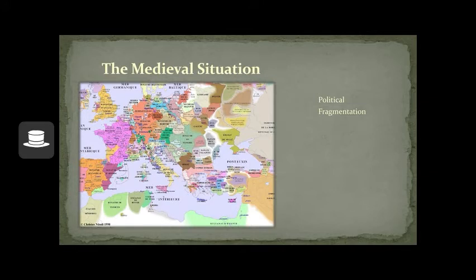Now, if we were ever going to get to the state, if we're ever going to get to the point in which we were going to have the large countries that we associate with Europe today, someone was going to have to find a way to break down all of these regionalisms and create unified countries like France or England or Germany or whatever.